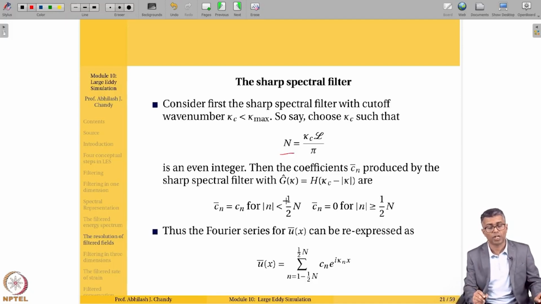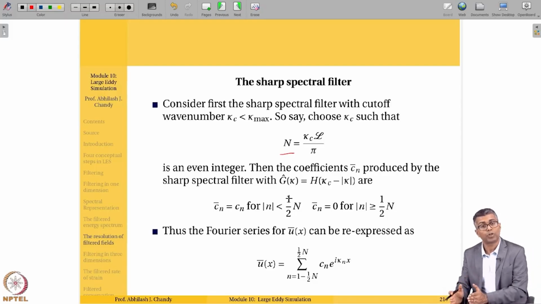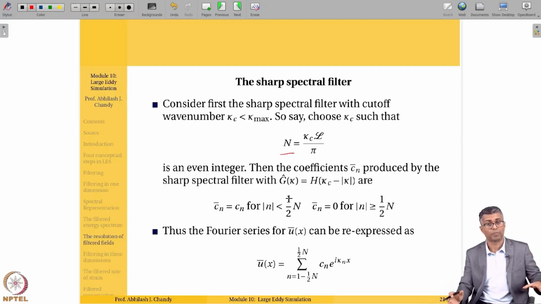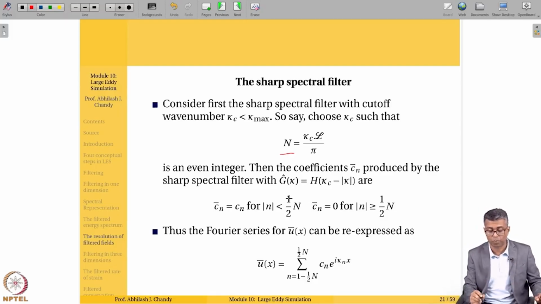So that means g hat of kappa would be equal to a Heaviside function, isn't it? In spectral space, the sharp spectral filter is a Heaviside function. In physical space, a sharp spectral filter is a sinusoidal function. So this is a Heaviside function in spectral space. So it would be H of kappa c minus the magnitude of kappa.